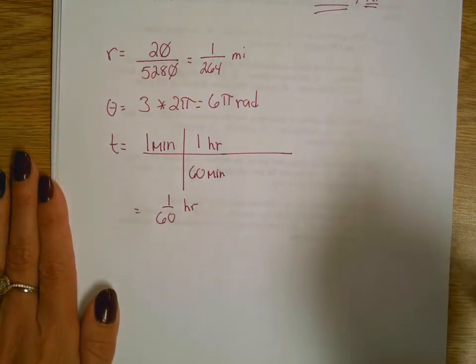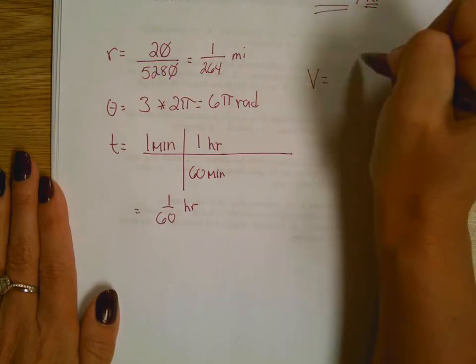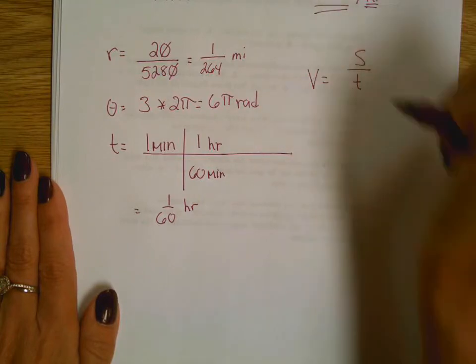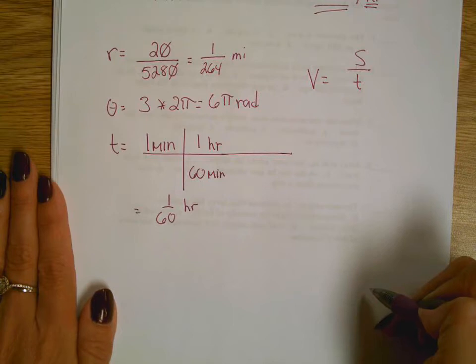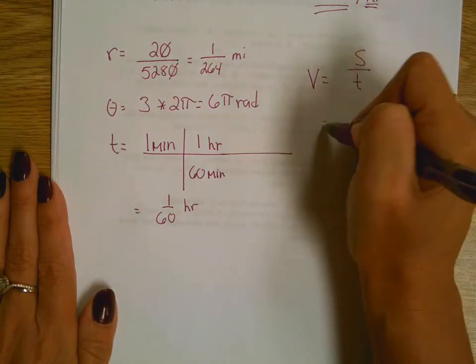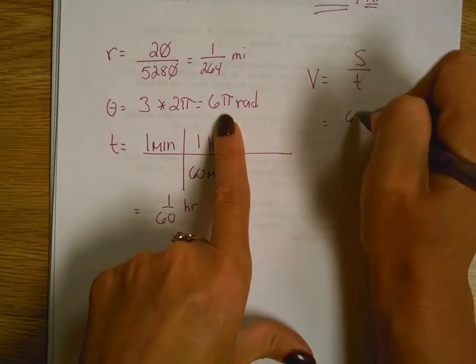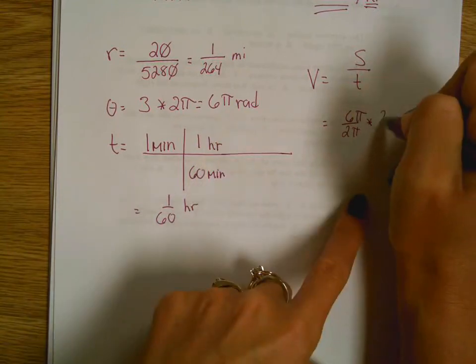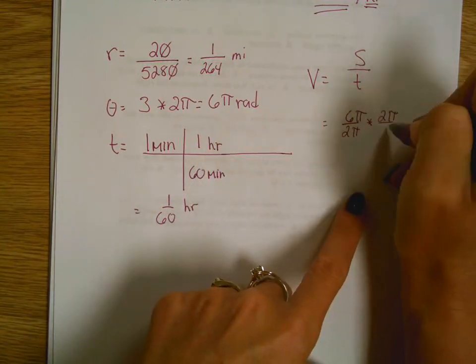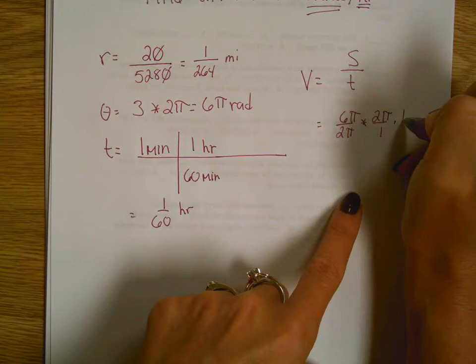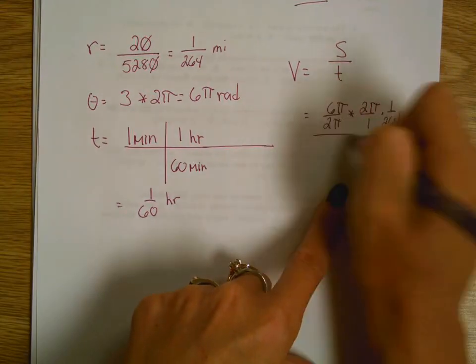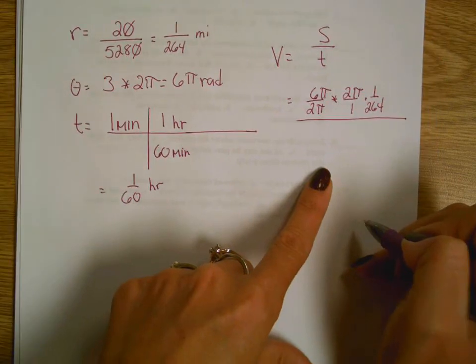Now it's just plug and chug. Okay, so we're finding big V. So S is our fraction, 6 pi divided by 2 pi, times 2 pi r, divided by our time.